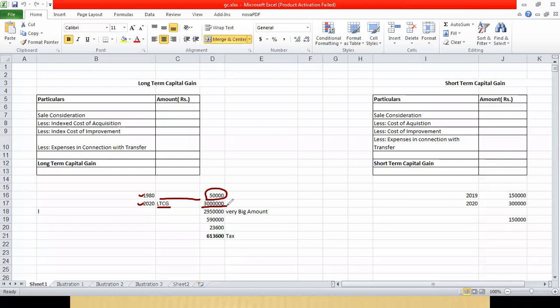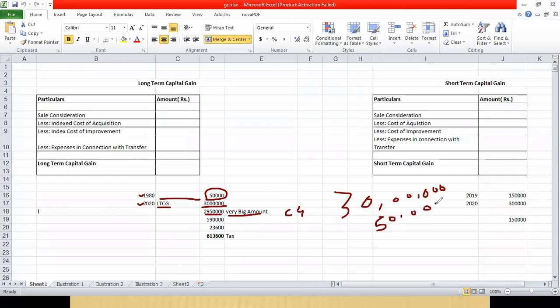If you directly reduce sale consideration minus cost, we will get 29,50,000 as the capital gain, which is a very big amount. Sale consideration is 30 lakhs, but purchase price is only 50,000 in 1980.